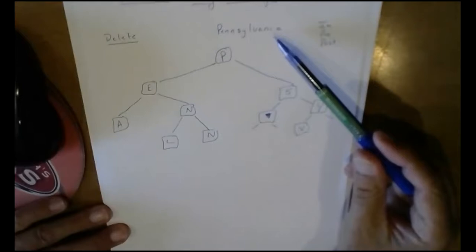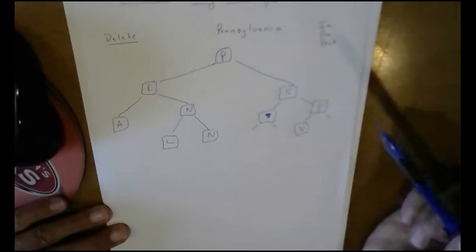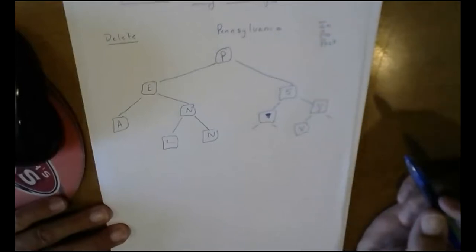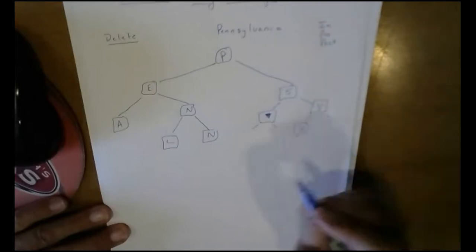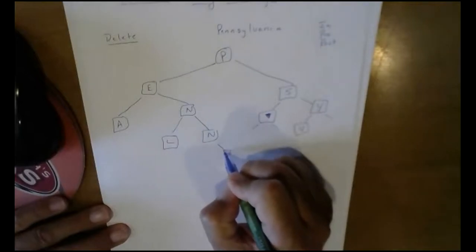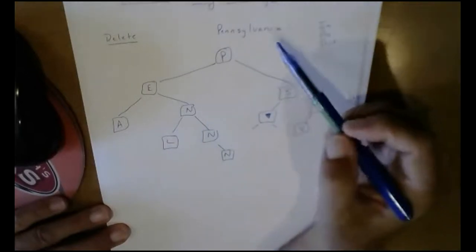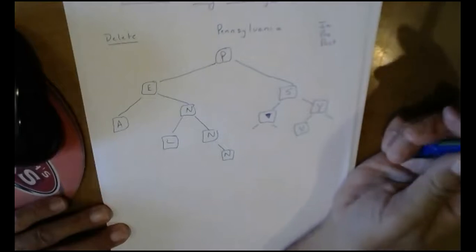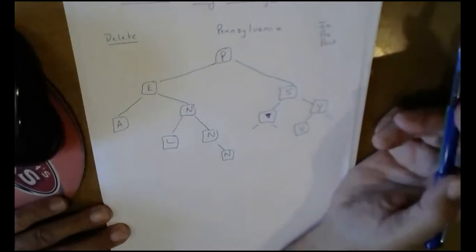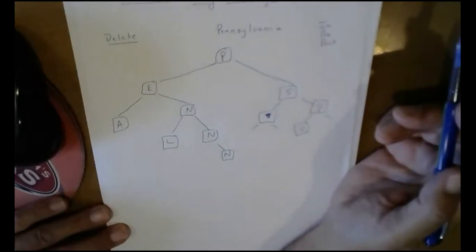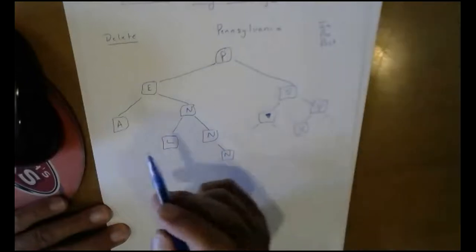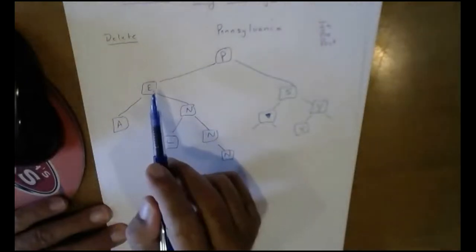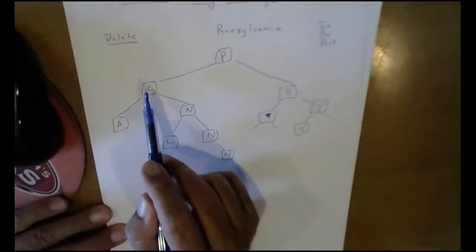After the A, where's the N go? To the right of the second N. Where does I go? To the right of A. Is it less than E or greater?